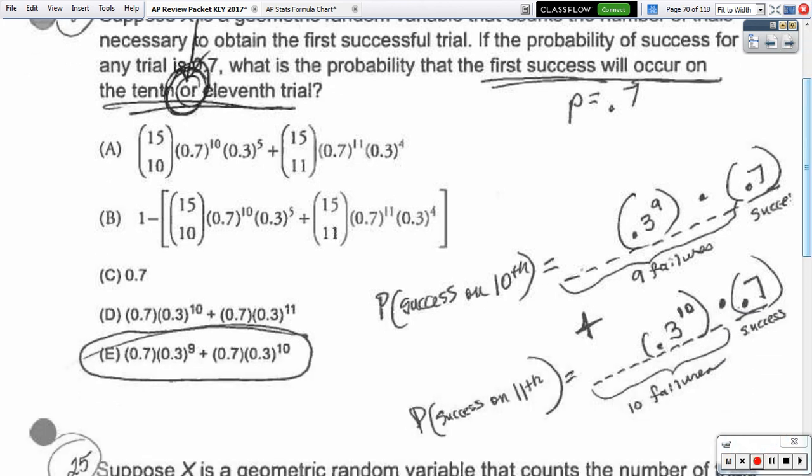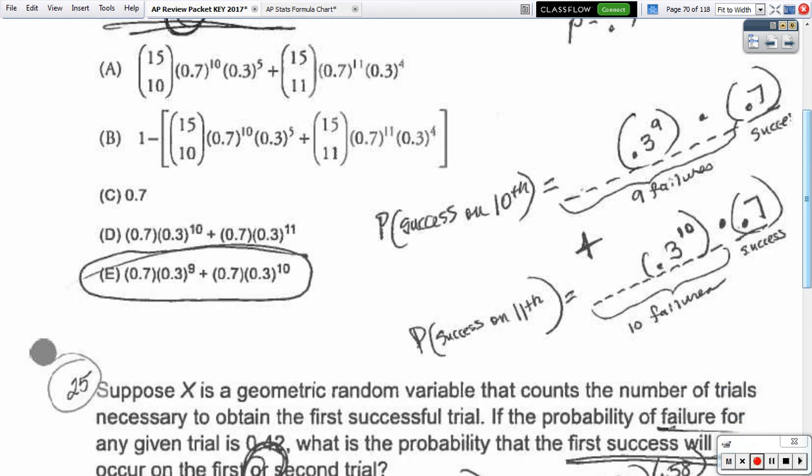Here we have a success on the 10th spot or on the 11th spot. So this is basically done by hand. Here it is occurring in the 10th spot and then on the 11th spot. Technically they show this out of order. Here's the order: 9 failures and then a success.